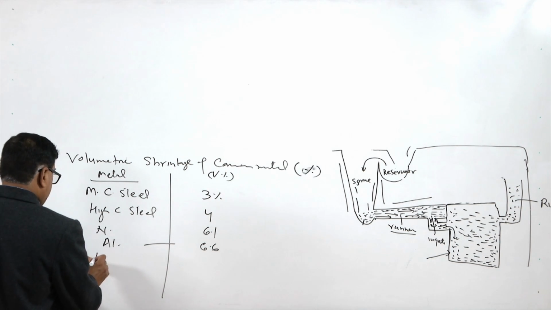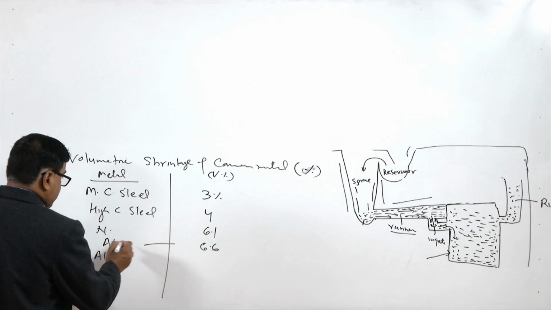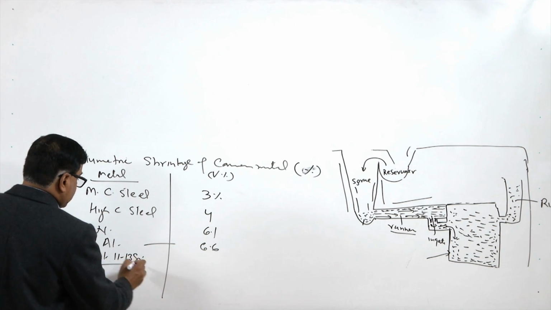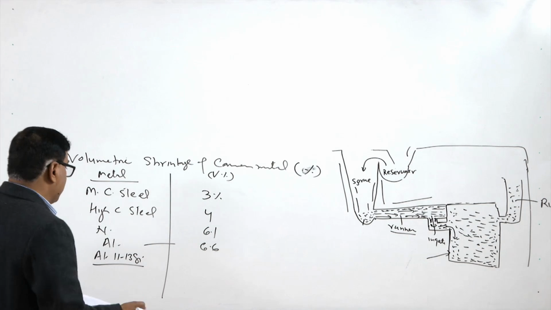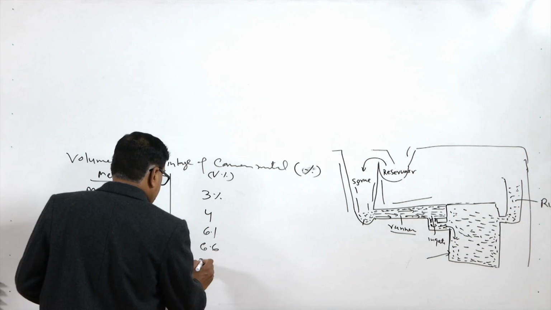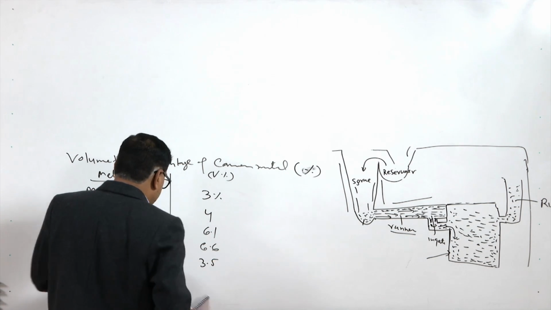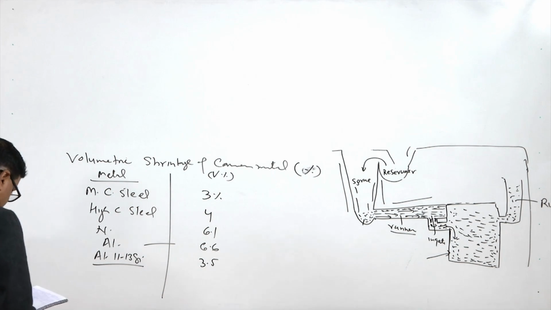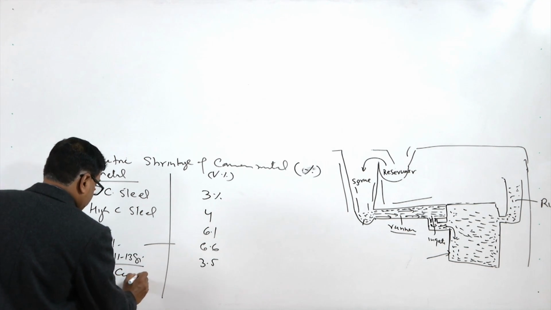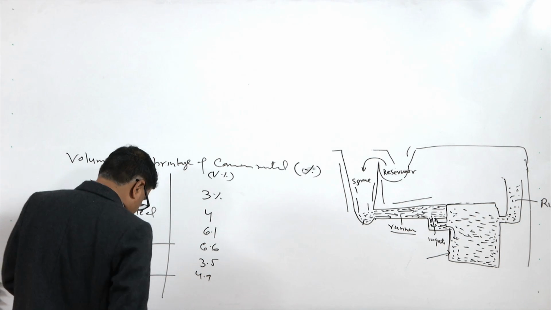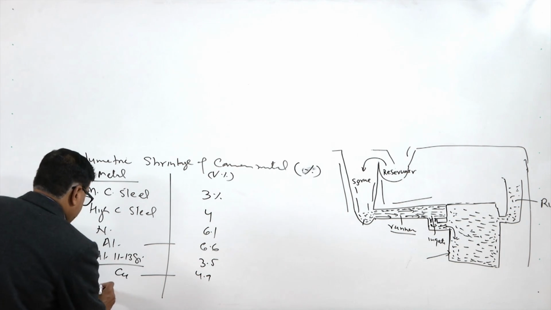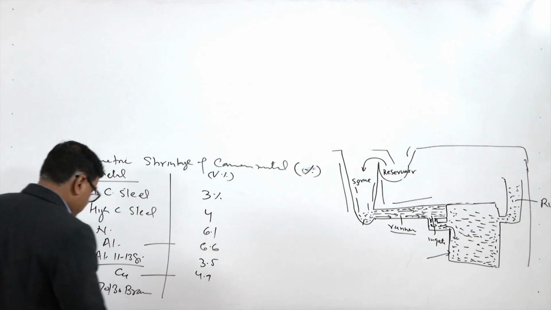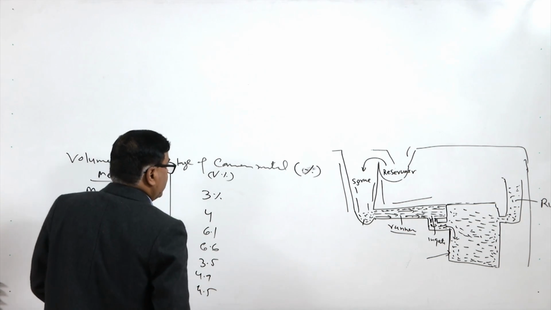For aluminum, this is pure aluminum and this is aluminum with 11 to 13% silicon. This is aluminum eutectic silicon alloy, for which the volumetric shrinkage is very low, that is why it is a very favorable casting alloy of aluminum. Then for copper it is 4.9, then for 70-30 brass it is 4.5.